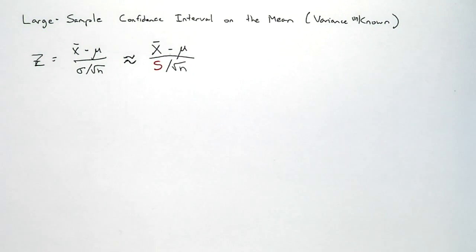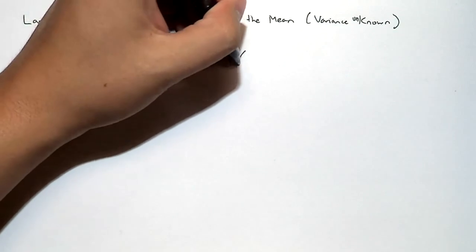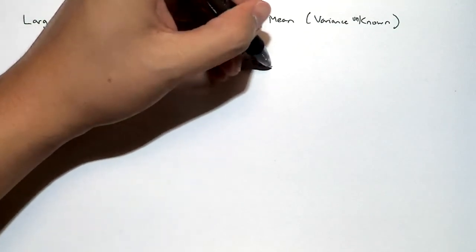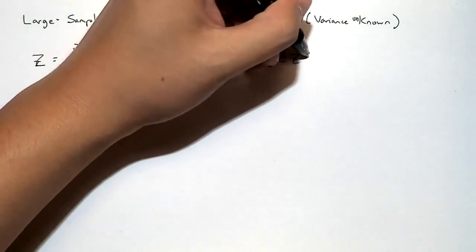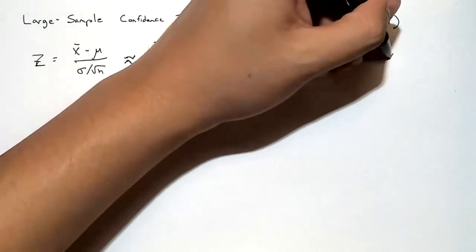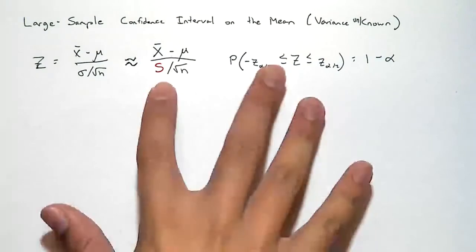From here, we can move forward and repeat the same analysis we did in the last exercise, where we already know that the probability that my random variable z is between negative z of alpha over 2 and z of alpha over 2 is simply 1 minus alpha.